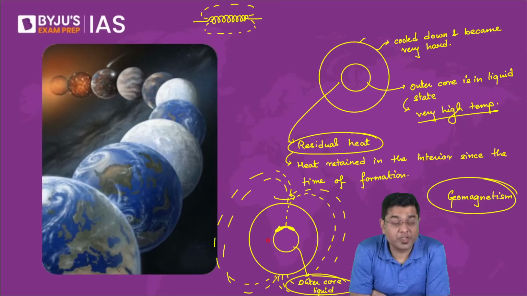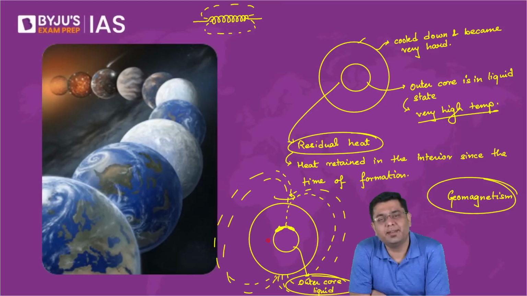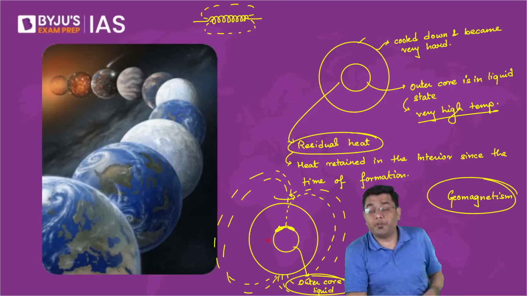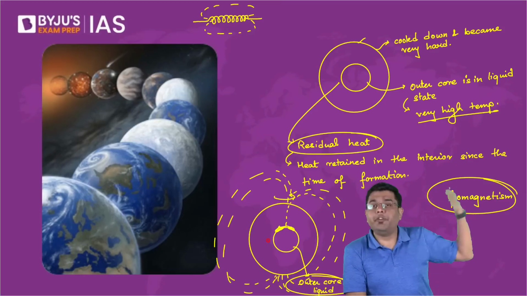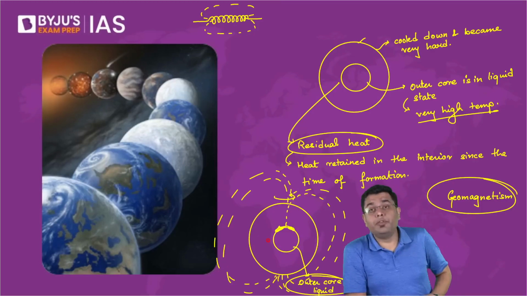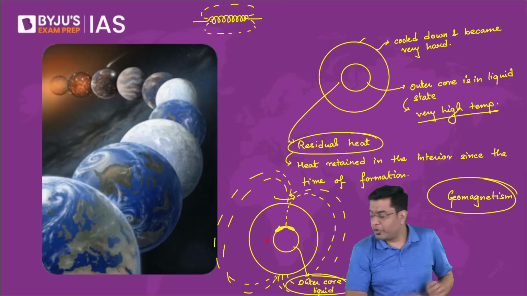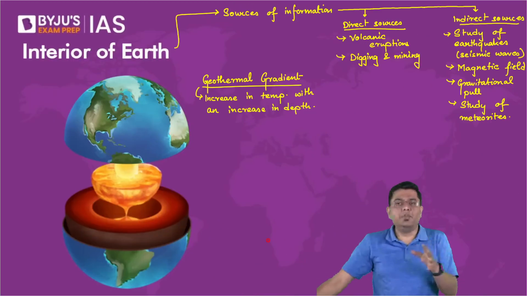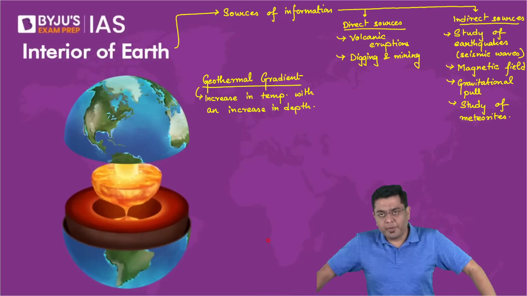UPSC has asked another question from this area: that the atmosphere of the present day has been consistent since the time of its formation. But if you know that there was a phase of degasification and a phase of torrential rainfall, you would be well aware that the atmosphere has also undergone drastic changes. So that is how these are considered to be the indirect sources of information.